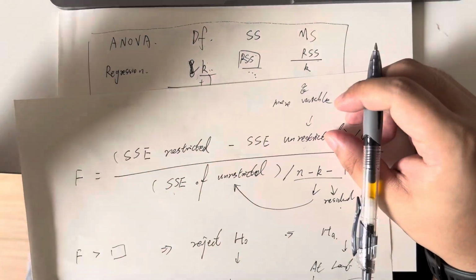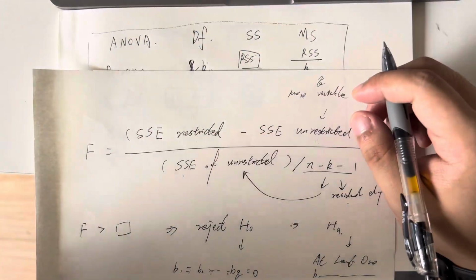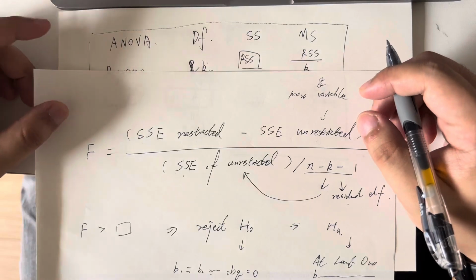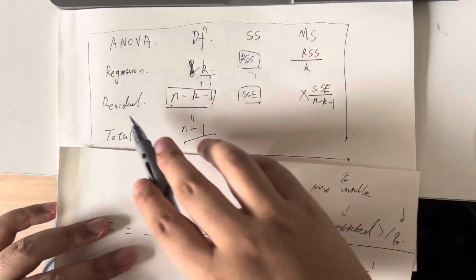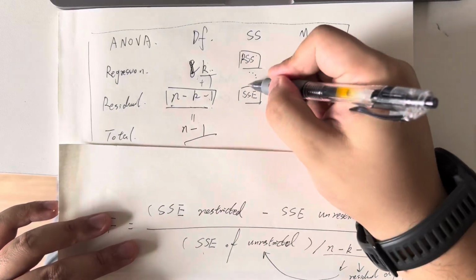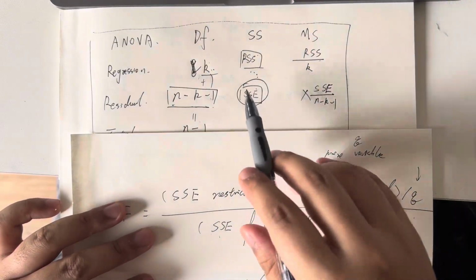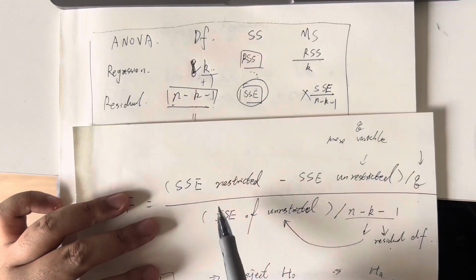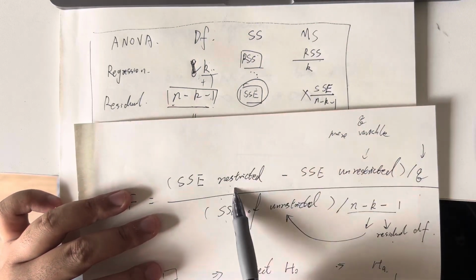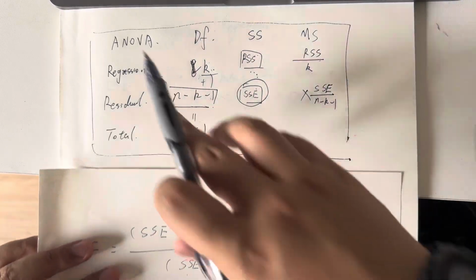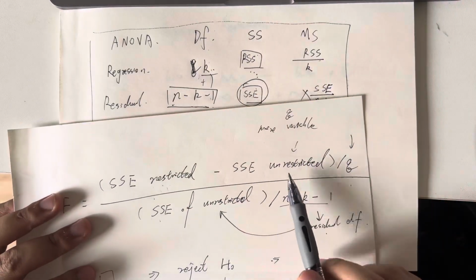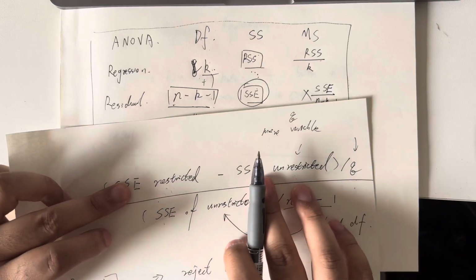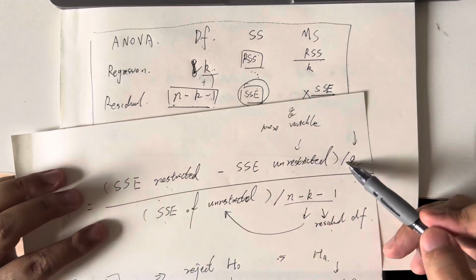You have to use the ANOVA tables from the different models. For the restricted model, use that specific table's SSE and plug it in. Then use the unrestricted model's ANOVA table, find its SSE, plug it in, subtract, and divide by Q.